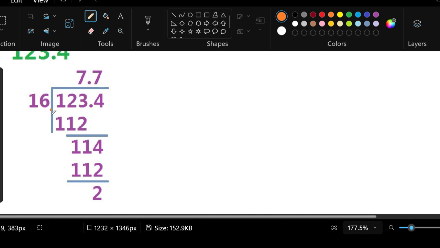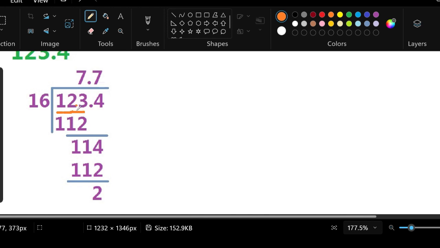Okay, now again, just to remind us how to do this, 123, we don't go there right away. We start off first with the first digit, and here we say that 1 is too low or less than 16, and we need another digit. That's why we need to add 2 here, but it's still less than 16, and therefore we need to go to the third digit.